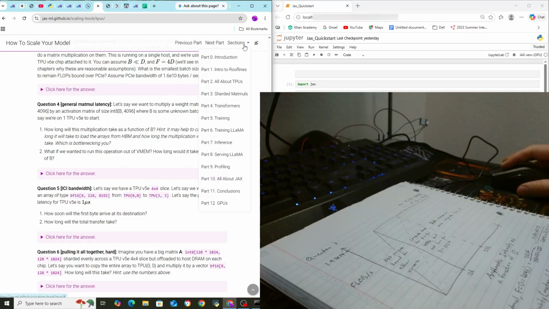Let's see again, sections. There's 12 sections, but I think the first 3 sections are kind of just foundation.